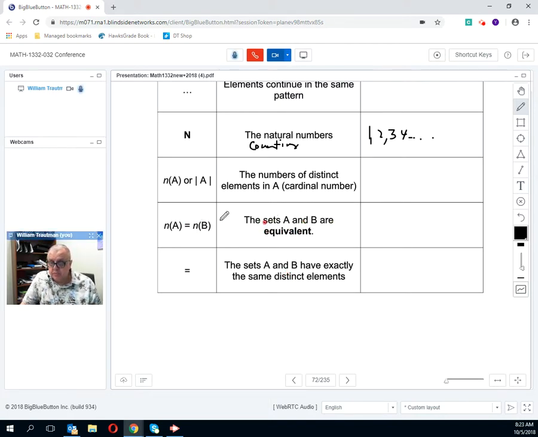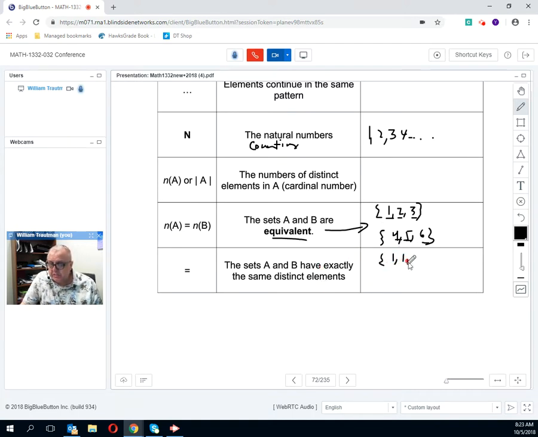Let's put it that way. Equivalent sets have the same cardinal number. And here's an example. It's kind of weird. 1, 2, 3 is a set, and 4, 5, 6 is a set. These are equivalent because they both have three items in them. Not what the item is, they just have three items in them. And sets are equal if they have the same items in them, the same numbers.